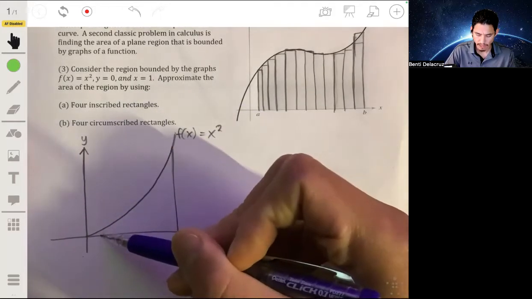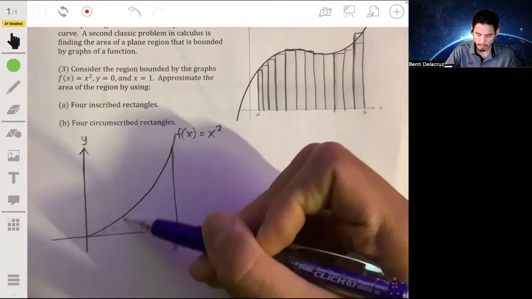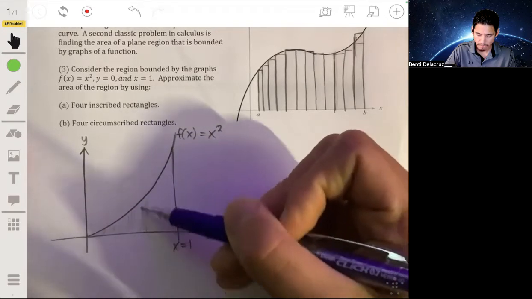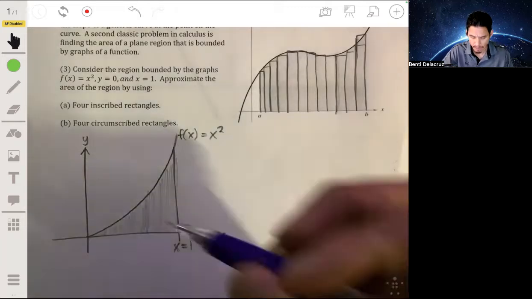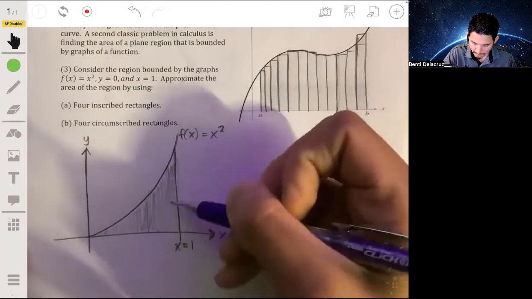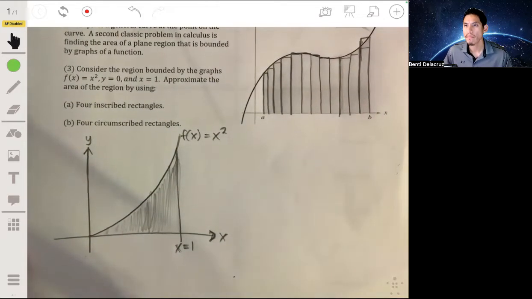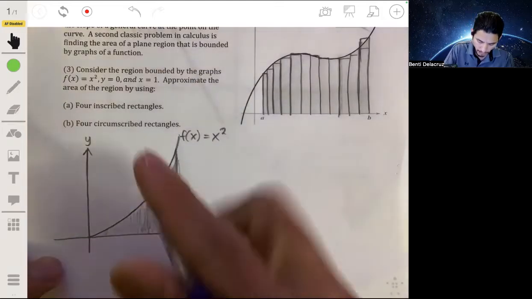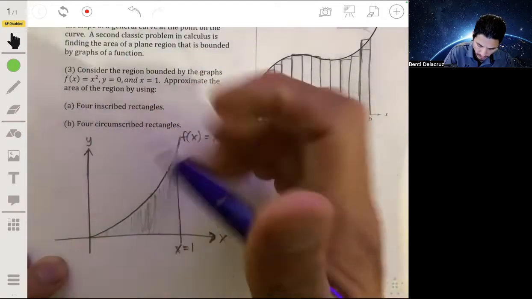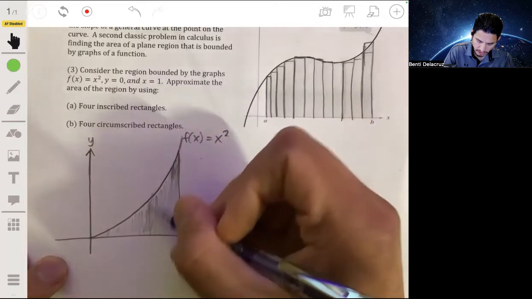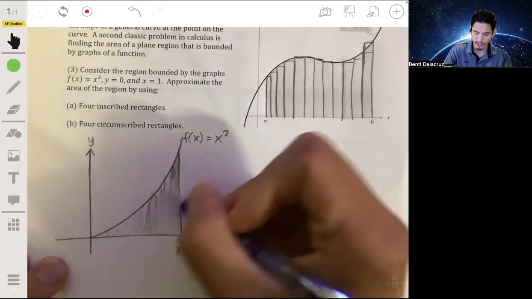So I want to find the area here, the area of that shape. Let me do a little better job than that. So the major goal is to get the area of this shaded region. You can tell it's curved.